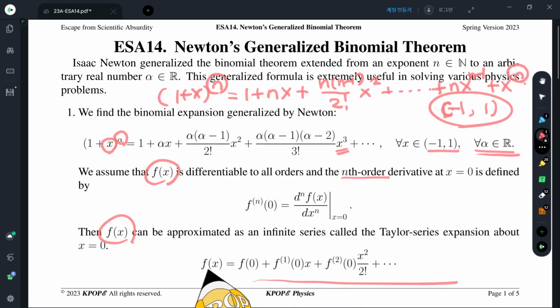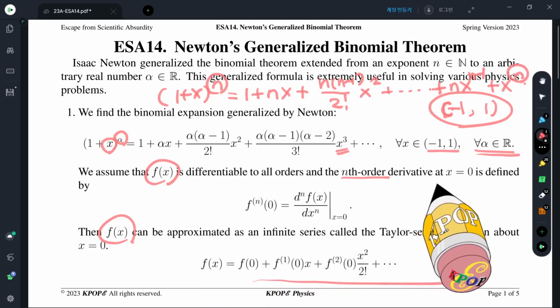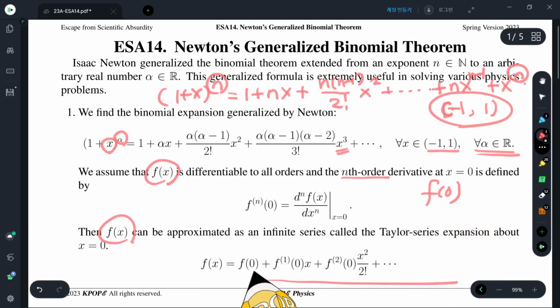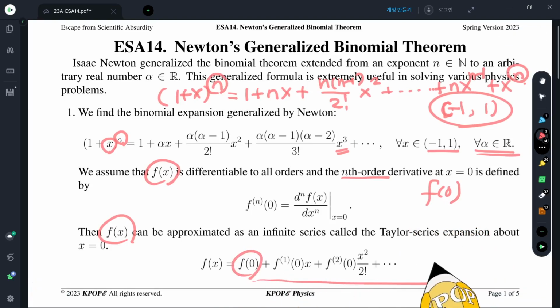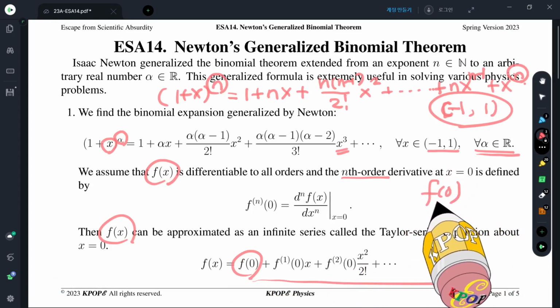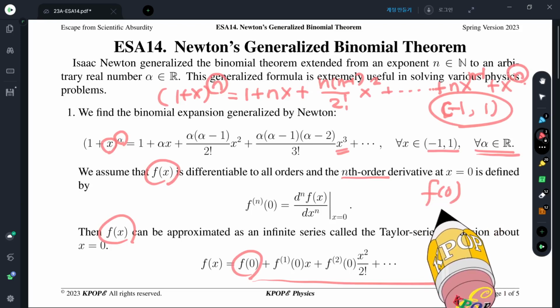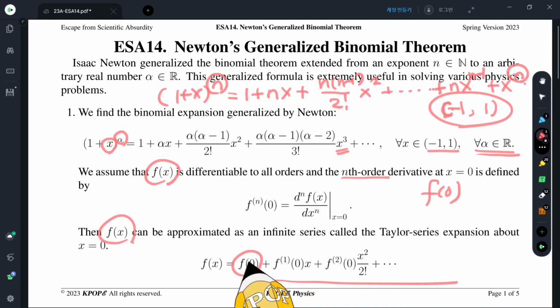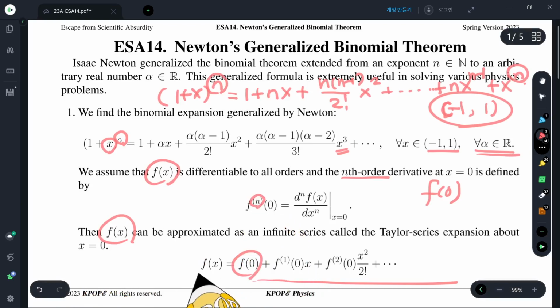For example, if I substitute 0, so f of 0, only the first term survives and the remaining pieces become 0 if I substitute x equals 0. So this series has the function value at x equals 0, f of 0. This is the nth order derivative.